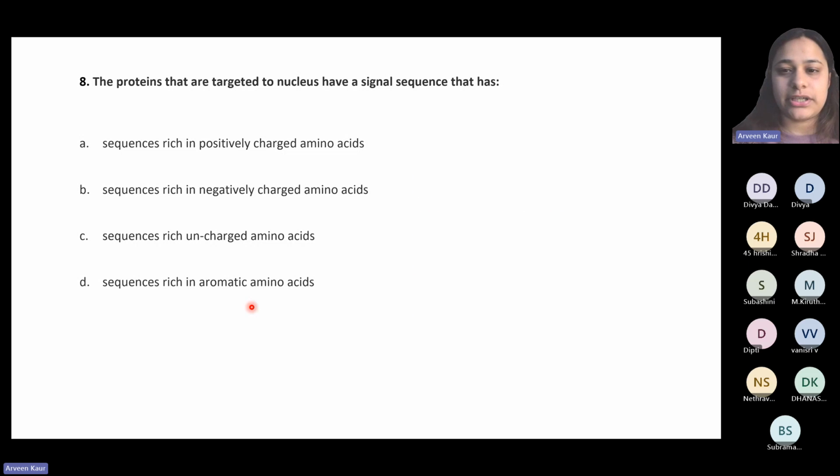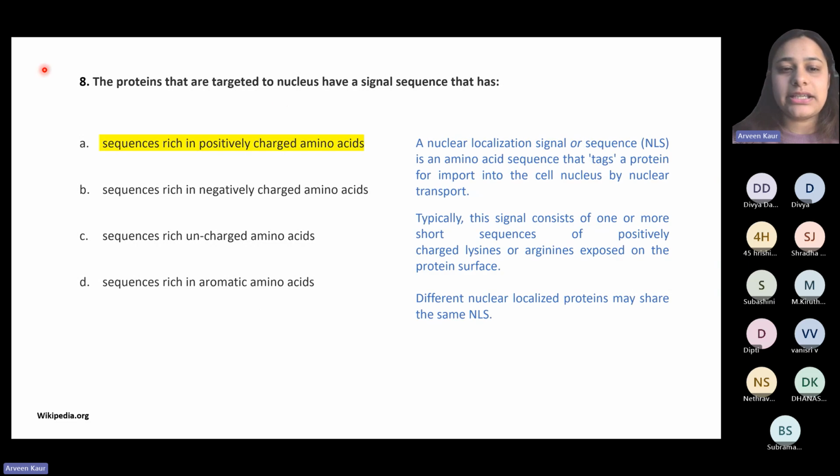Okay, so coming to the answer for this one, the correct answer is sequences rich in positively charged amino acids, right? So these usually have lysine and arginine rich sequences. Also, let us go through these statements.